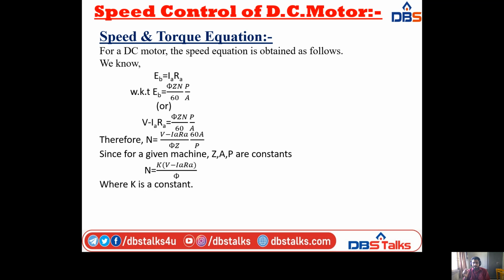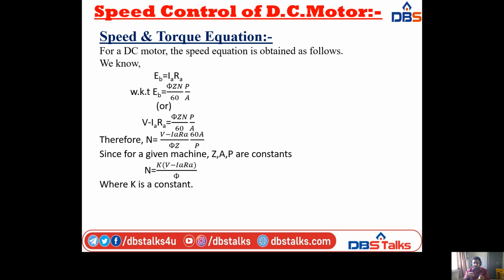From the generators, the back EMF or generated EMF Eg is equal to φPNZ by 60A. Here I am equating those two conditions: Eb is equal to V minus IaRa, the back EMF equation in the DC motor, and Eb is equal to φPNZ by 60A, which in the generator is the generated EMF equation of a DC generator.